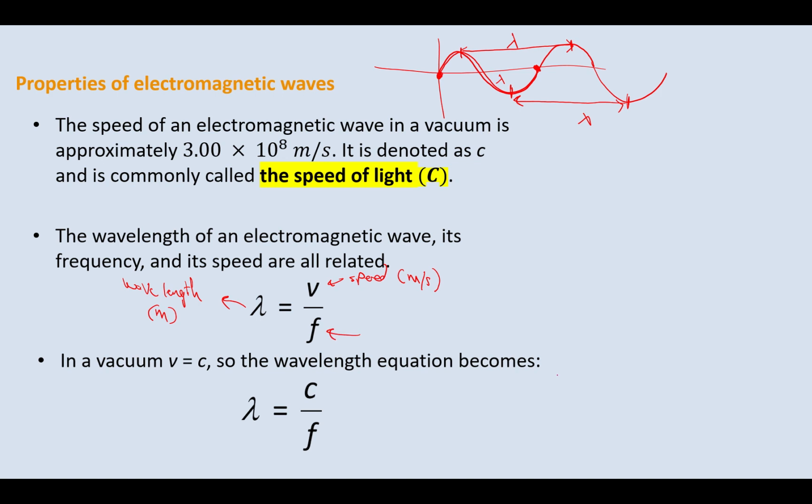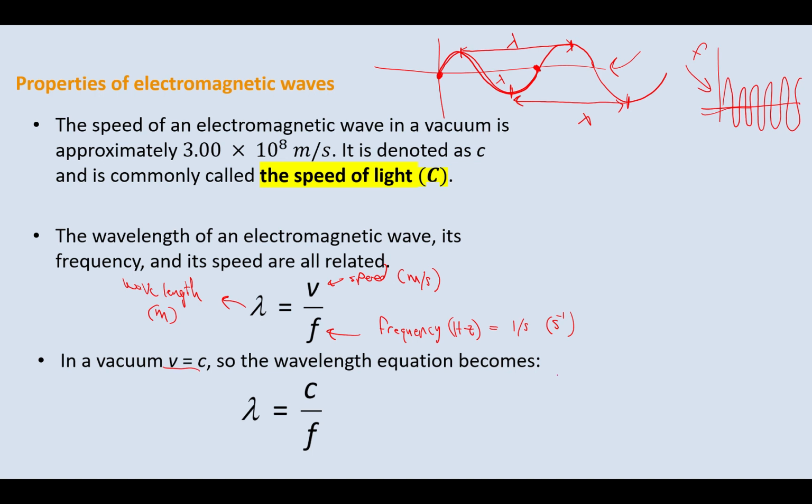Frequency is a measure of how many oscillations we have in 1 second. The more oscillations we have, the higher the frequency of the wave. So for example, this wave right here has a higher frequency than this one right here. Frequency is measured with a unit hertz, where hertz is equivalent to 1/second, or second to the power of -1.